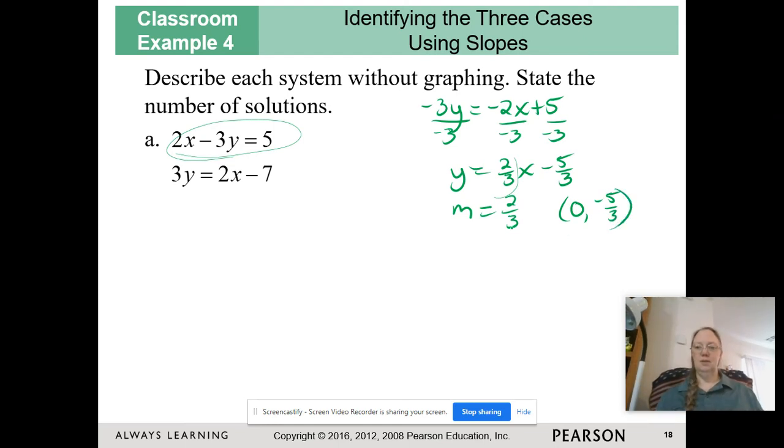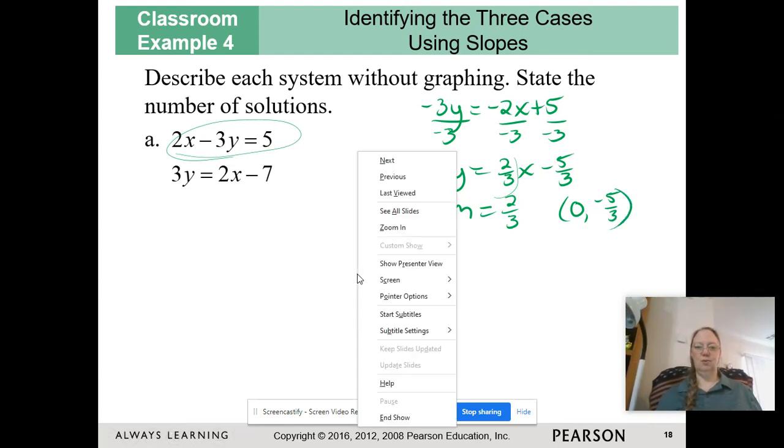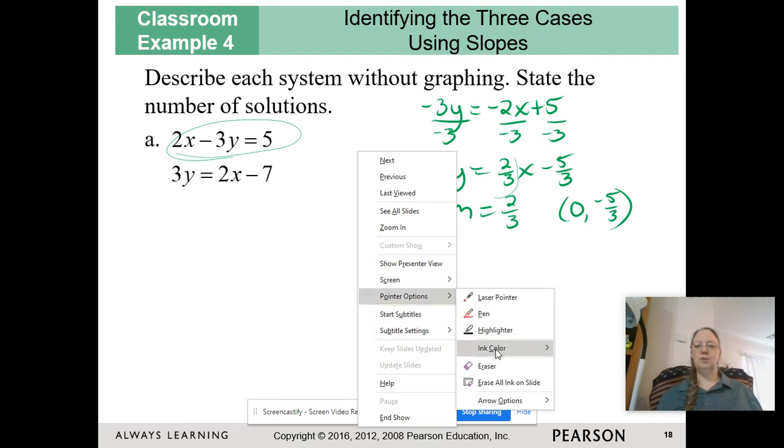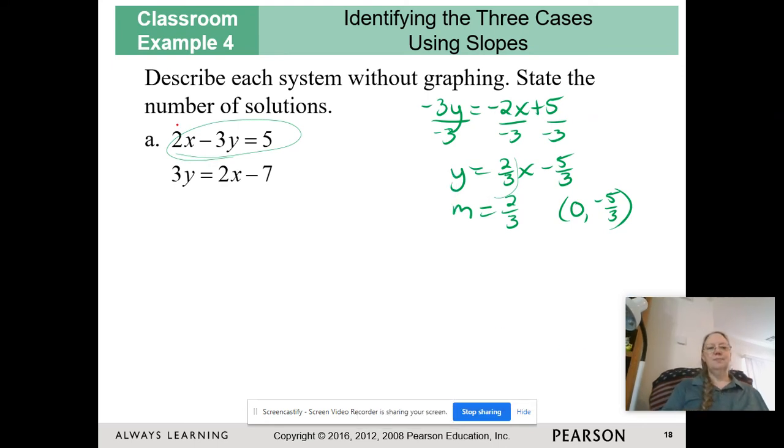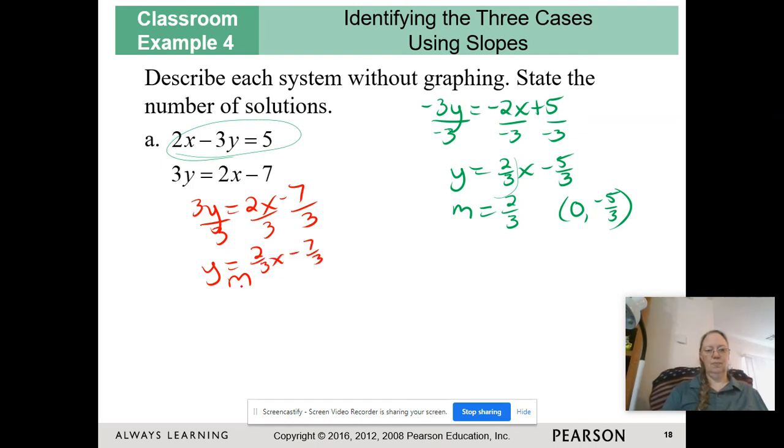Okay, let's change the color so that we don't get confused on which equation we're doing. Pointer options, color, let's do red. So for this one, we're going to divide by 3. So my slope is 2/3.